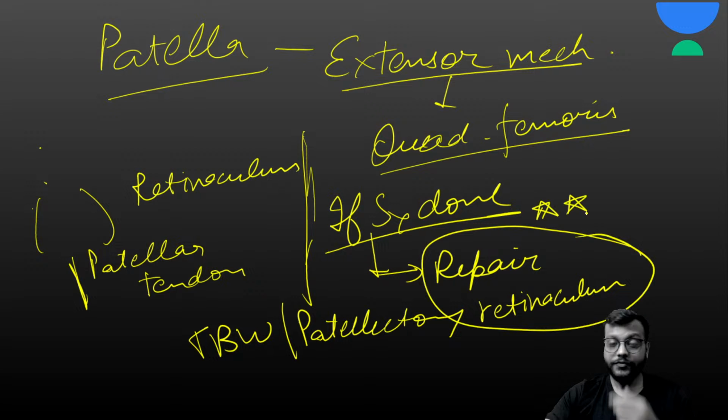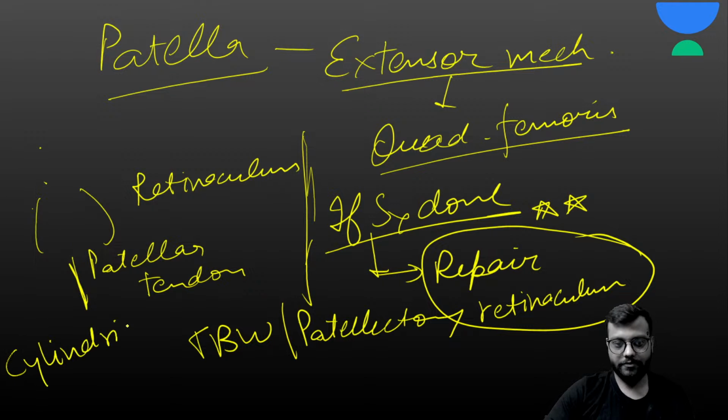And also, if the fracture is undisplaced, you can manage it conservatively by a special slab used for the patella. It is called the cylindrical slab.